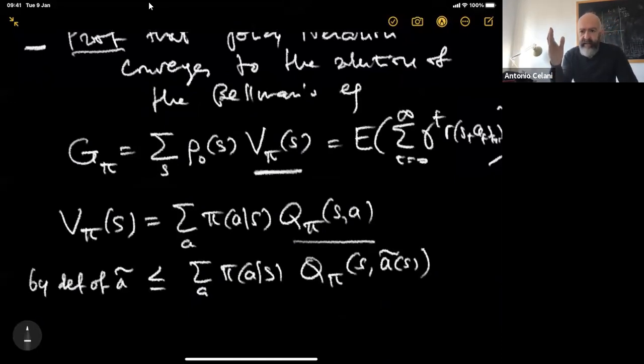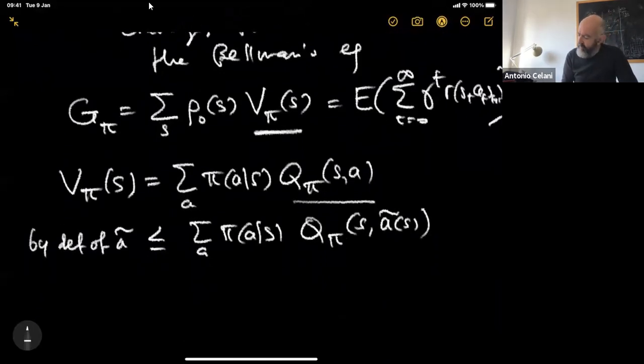Because for any S, for any row S of my Q matrix, I pick the column which has the largest Q. Okay, so this is the first step.